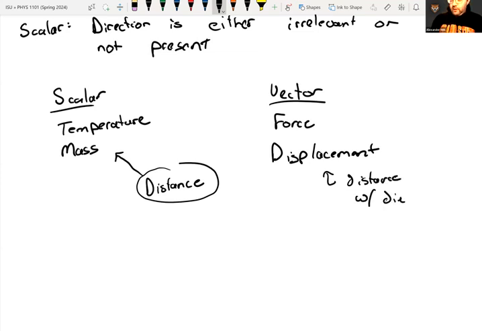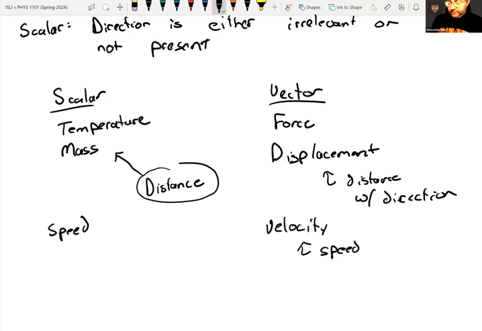Another one is speed. Speed is actually a scalar. This is what we're talking about when we're talking about a rate of motion. That is a scalar, and when we talk about speed, we don't care about the direction. If we care about the direction in physics, we call it something else. We call it velocity. So velocity is speed with direction.